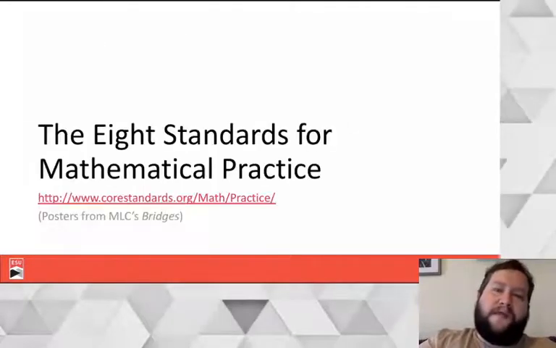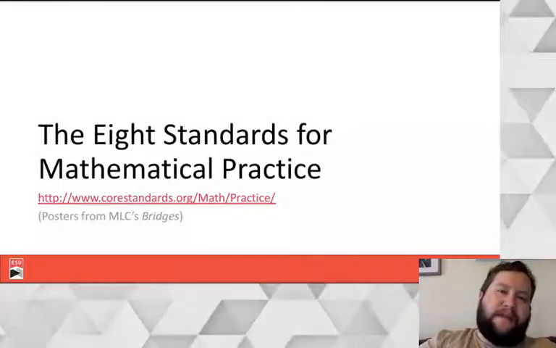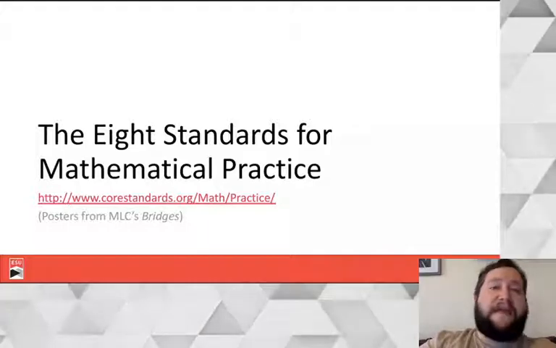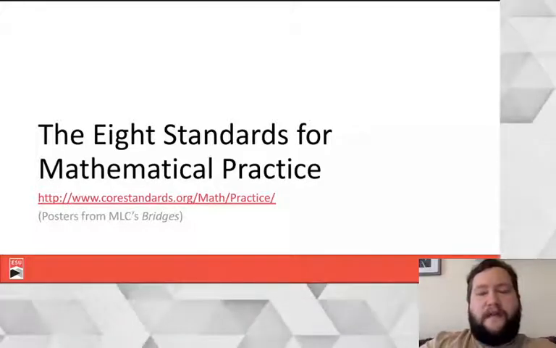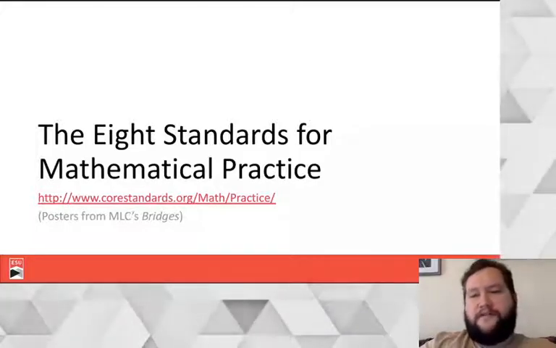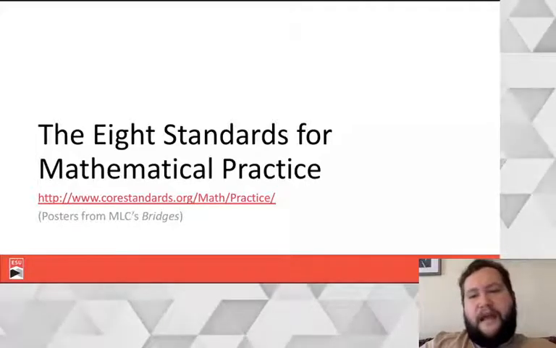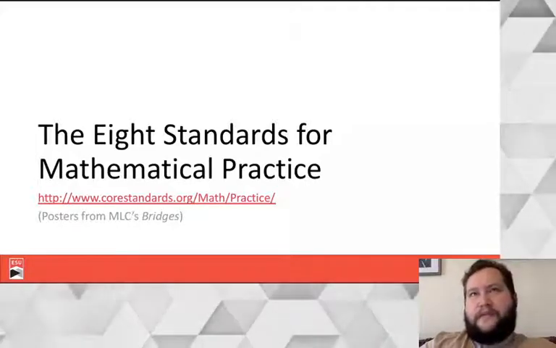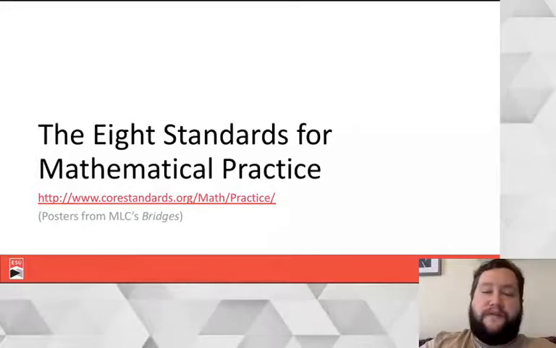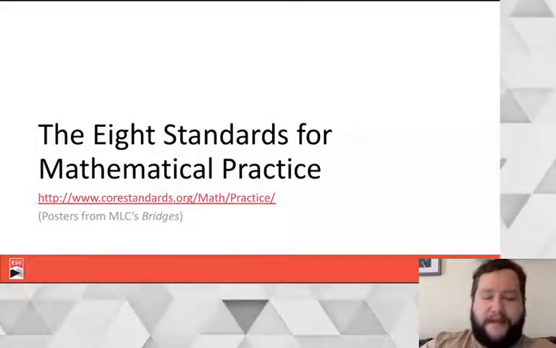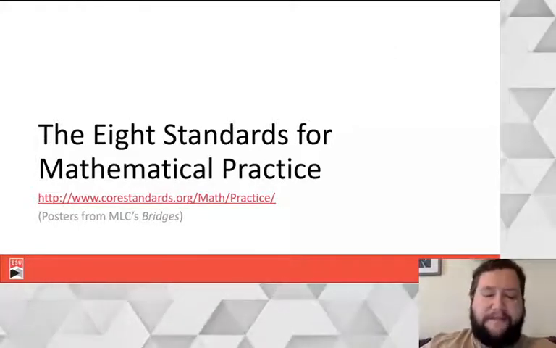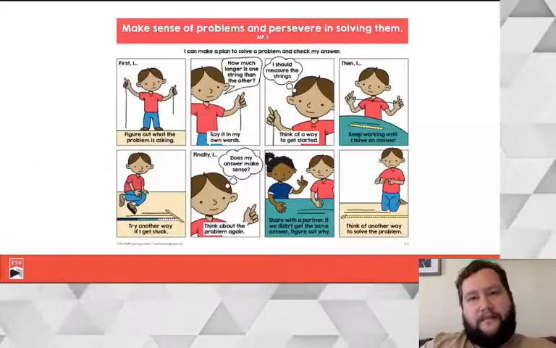And really, I start with this because I want us to bring in the 8 standards for mathematical practice. And so the Common Core State Standards, which are adopted here in Pennsylvania, and I think last count was like 42 of the 50 states have adopted these standards. There are really 8 big practices that we focus on in mathematics.